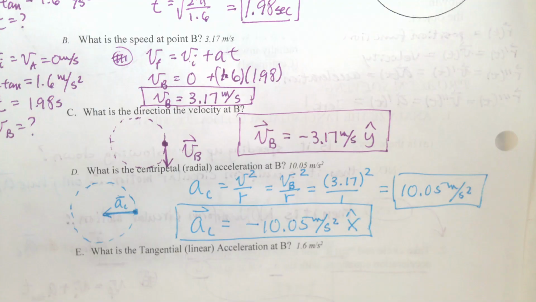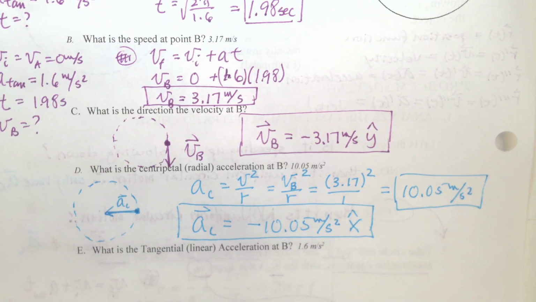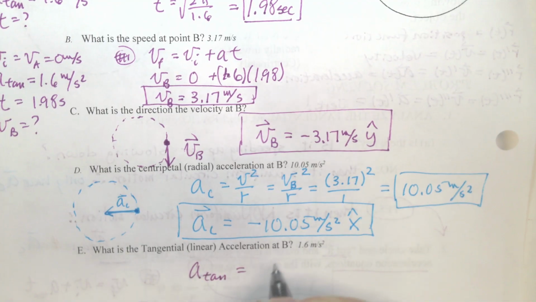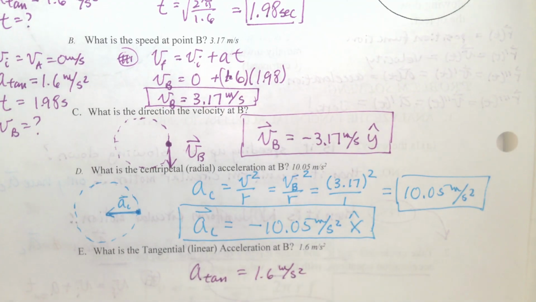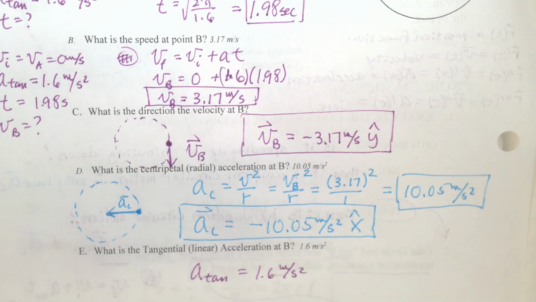What about the tangential or linear acceleration? That was given to you, right? So A tangential, the magnitude was given to us as 1.6 meters per second squared. Well, what about the direction of this? It's speeding up.